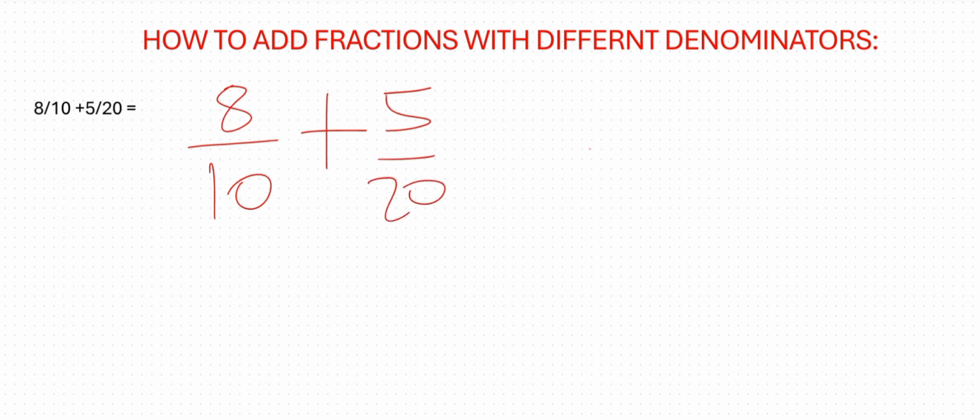Now we got to make sure both of these denominators are the exact same. One can be 10 and the other can be 20, they both got to be 10 or both got to be 20.